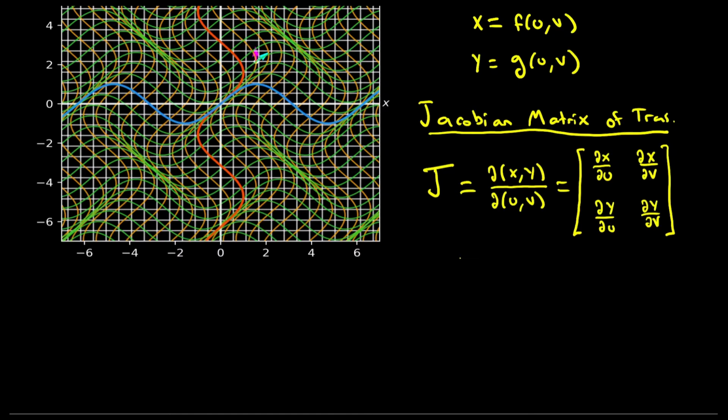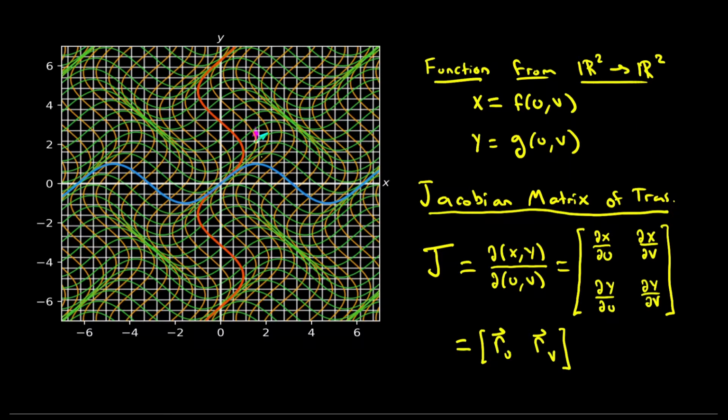Another common notation is to write this as r_u, r_v, because if you notice the columns of this matrix, the first column is the partial derivative of the position vector with respect to the parameter u, and the second column of this matrix is the partial derivative of the position vector r with respect to v.